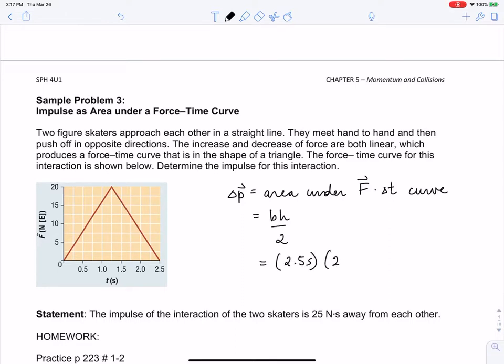The height is 20.0 newtons. I want to include the direction. Divide this by 2. Computing this, we end up with an impulse of 25 Newton seconds. Therefore, the impulse of the interaction of the two skaters is 25 Newton seconds away from each other.